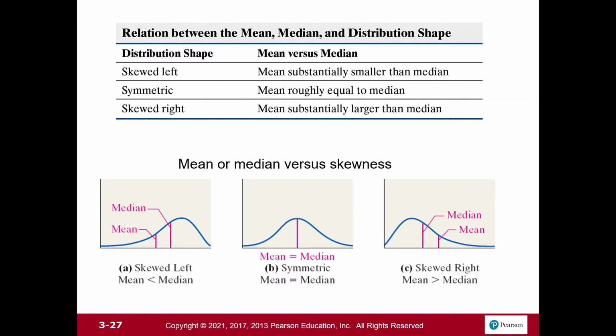And skewed to the right means now that the right tail is longer, and as such there are probably outliers to the far right. And that actually, when we calculate the mean, it pulls the mean in that direction. Keep in mind the median separates the top 50% of the data from the lower 50% of the data.